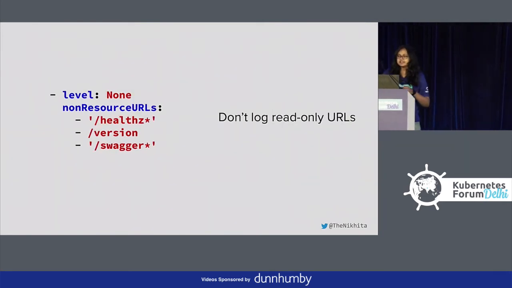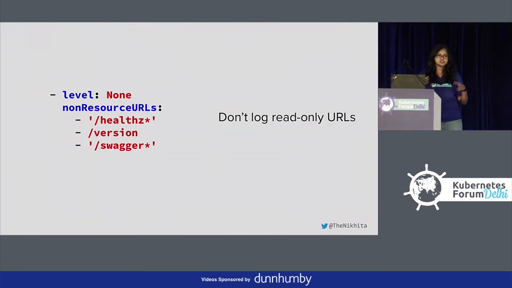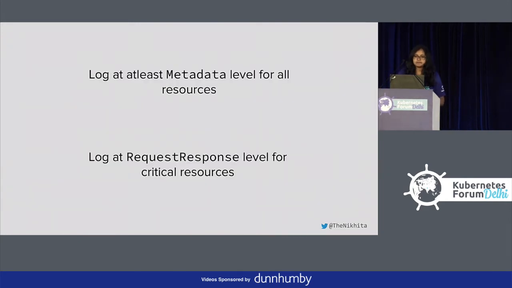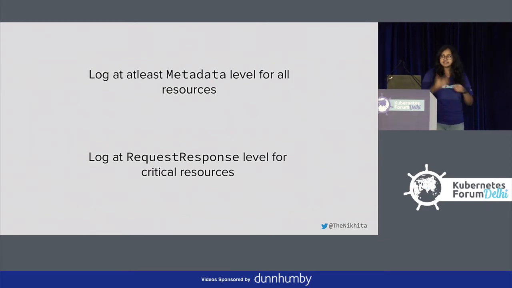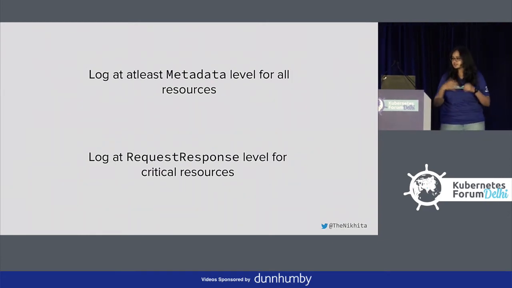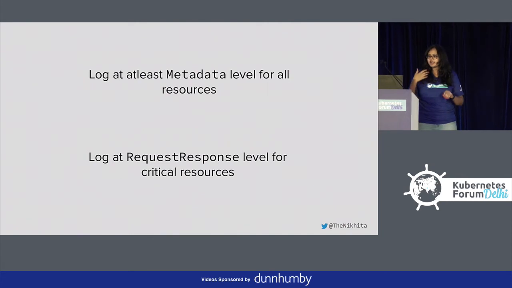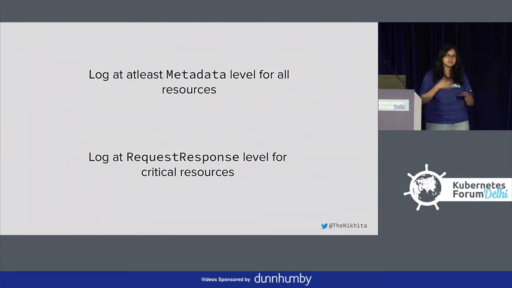Don't log read-only URLs or non-resource URLs, because you probably don't care about them, and it's huge, high volume. It just blows up your logs. The general idea is log at least the metadata level for most of the resources, and log at the request response level for critical resources like pods that you care about maybe.